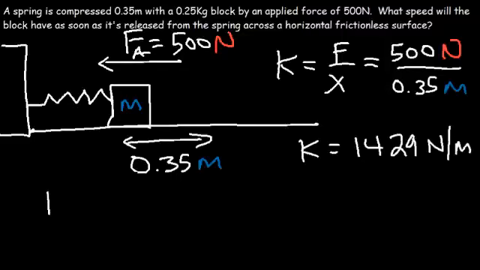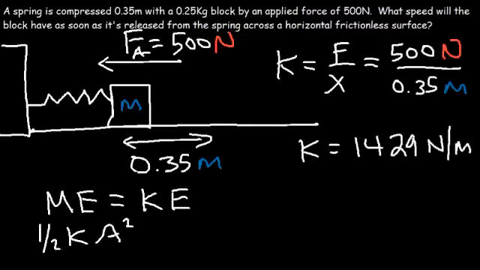So the mechanical energy is equal to the kinetic energy. Or you could say the potential energy stored in the spring is equal to the kinetic energy. The mechanical energy is 1/2 kA squared. If you use the potential energy equation, it's 1/2 kx squared, but in this case, x is equal to A because it's compressed all the way. x is basically at its maximum displacement when it's 0.35.